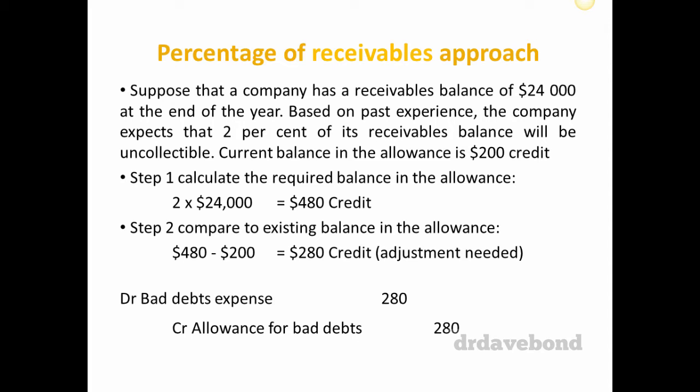So we have $24,000. It's an asset, so it's a debit balance on the left-hand side. The current balance in the allowance account is $200 credit. So that's how that account looks just before we do the adjustment.